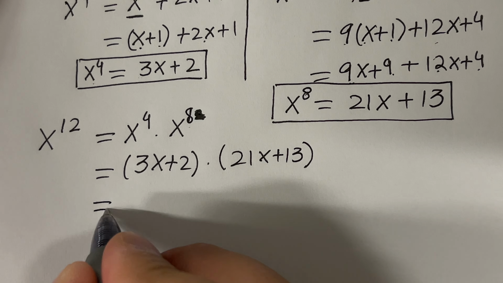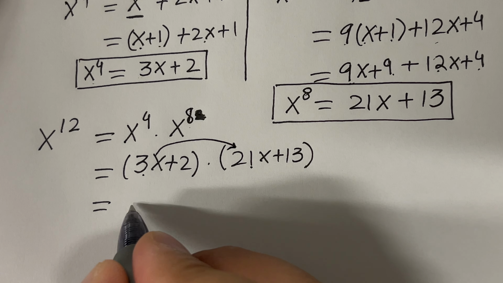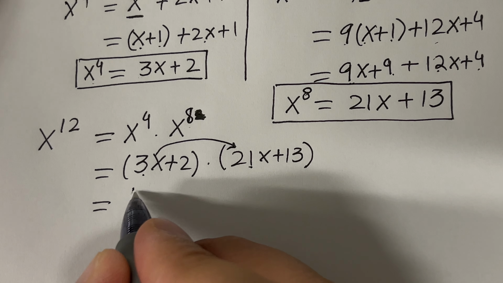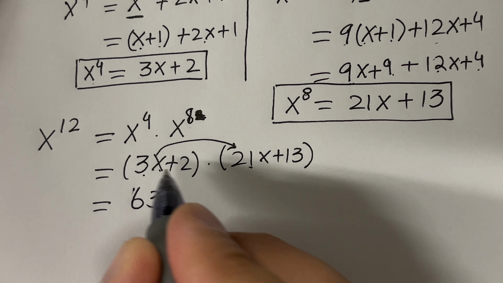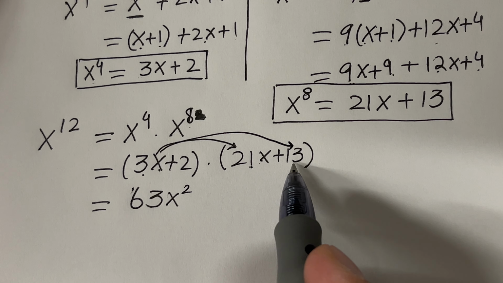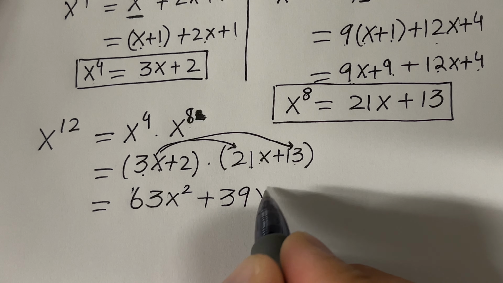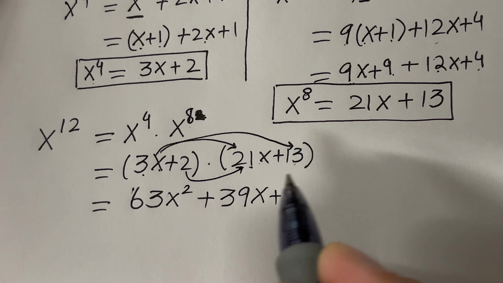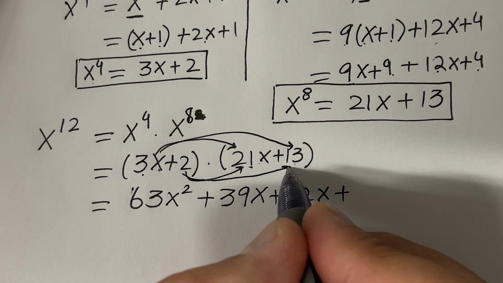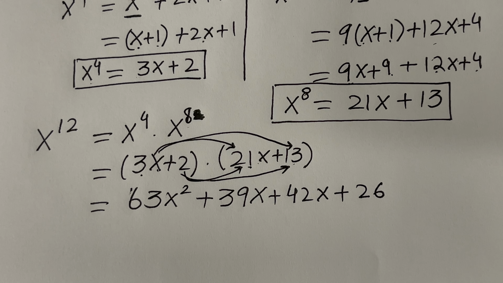Okay, now we have 3x times 21. If you multiply these two terms, then that will be equal to 63 x times x, which is x square, and 13 times 3 is 39. Then 2 times 21 is 42x, plus 2 times 13 is 26.